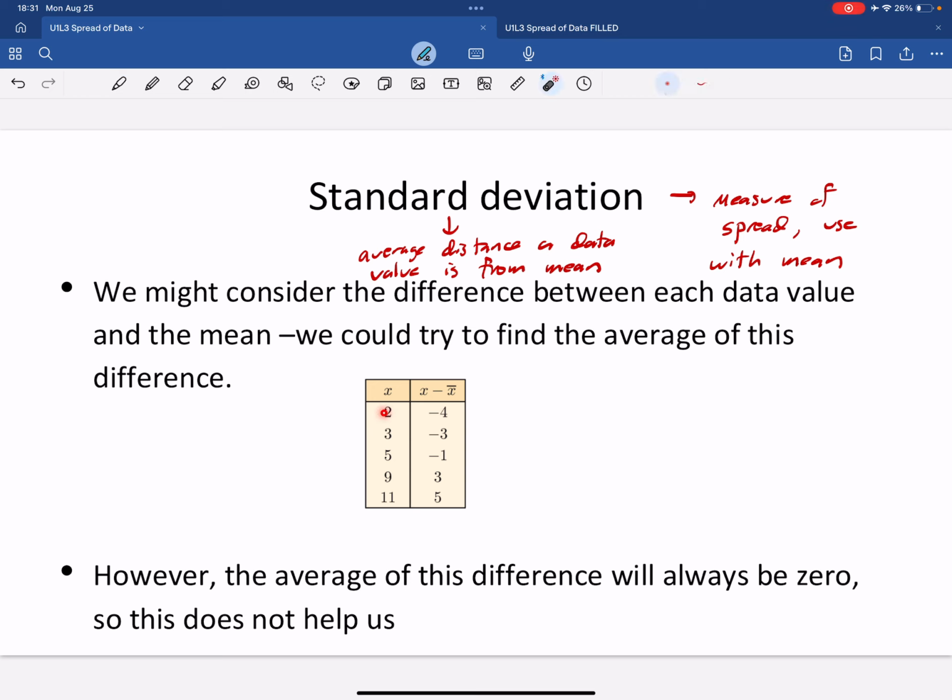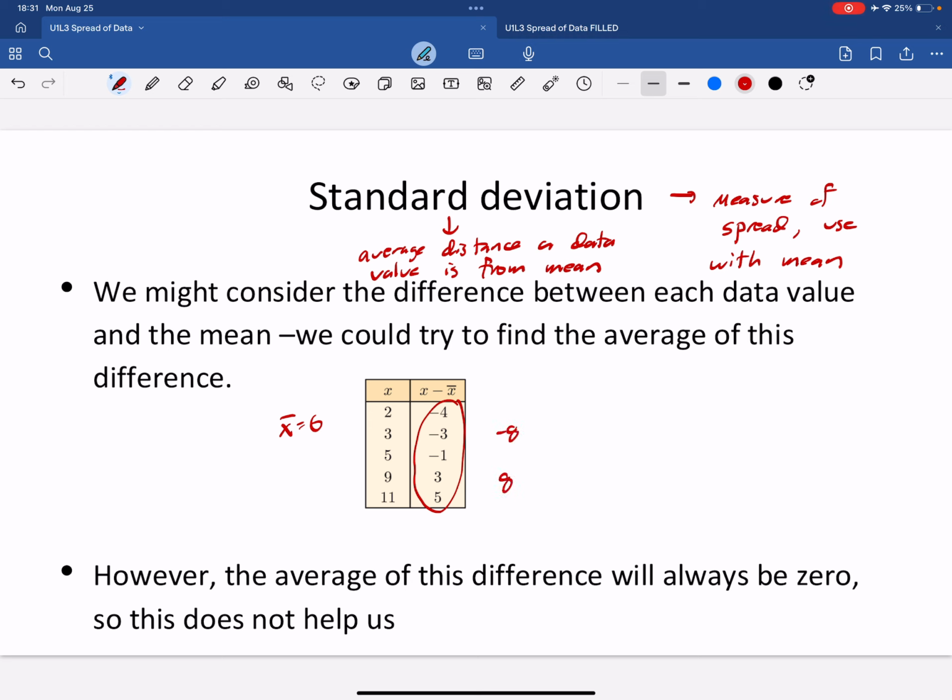So if x is 2, then it's -4 away from the mean. So, right, we're assuming here that x bar in this case is 6. Now the problem is if we take positive and negative values and we average them, we're going to get 0. And we can see that here because we have -8 and +8.